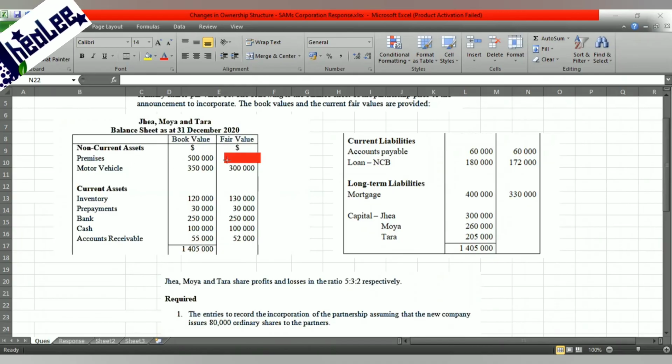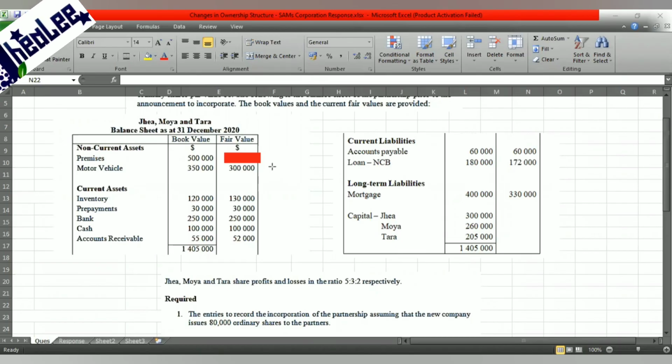If there wasn't any fair value for the premises, in doing the conversion, you would not have premises in the new business. So what you would do is, in the journal, because there is no fair value for the premises, it would be like there's a reduction in it.